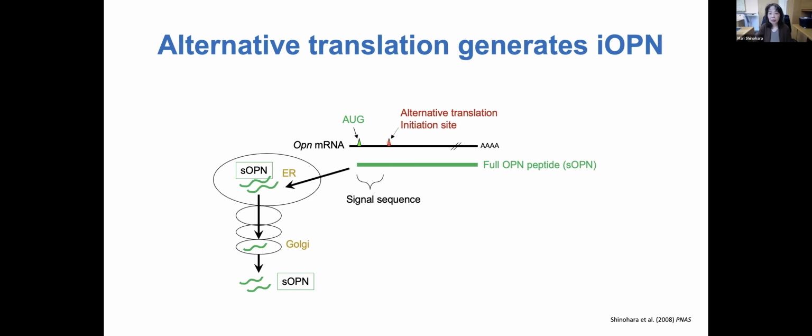Starting the translation from the alternative site gives a short form of OPN that starts proximal to the C terminus of the signal sequence. So this short OPN lacks the signal sequence. That's why this short OPN peptide is not targeted to ER, but instead it stays in the cytoplasm. So this is intracellular OPN, or iOPN.